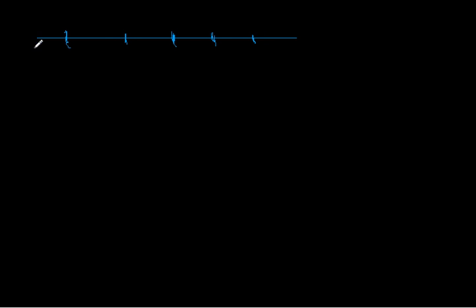So let's say I have the whole numbers 1, 2, 3, and 4 here, and I can see that between the numbers 0 and 1, there's no other whole number, or between the numbers 1 and 2, there's not another whole number.